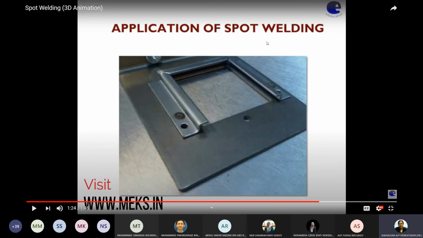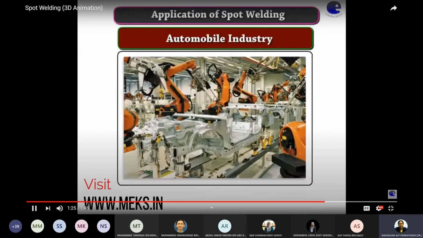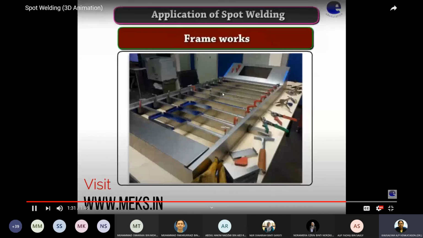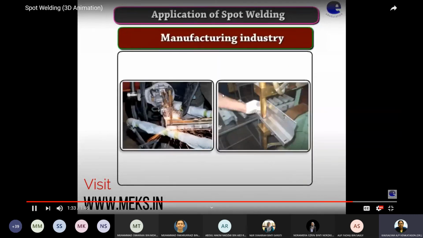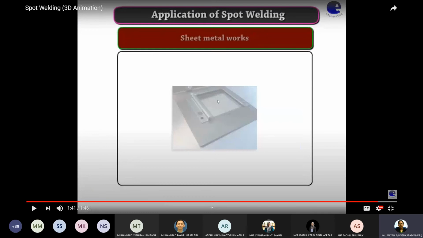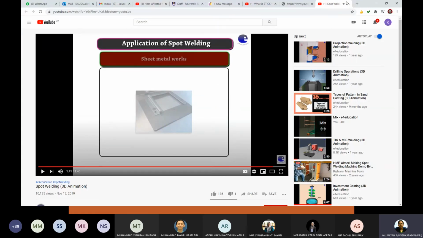So you can see the application of spot welding. When you want to have this kind of fixture, you can actually just fuse the area. It is very much applicable in the automotive industry, frameworks. When we just want to coalesce two parts together, just attach them as if gluing, but it's actually welded.